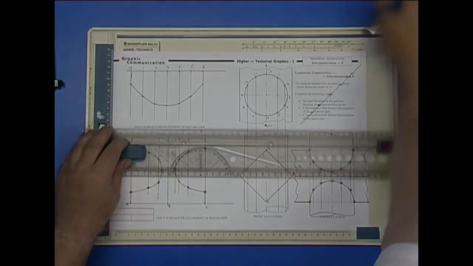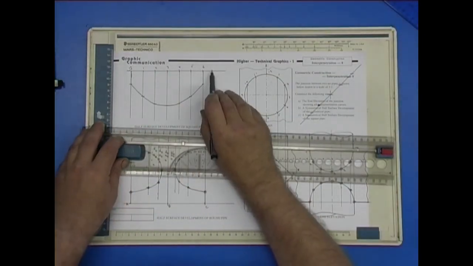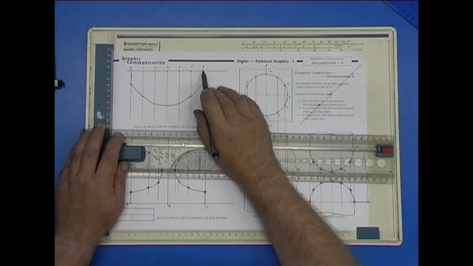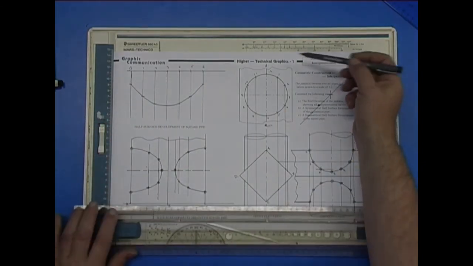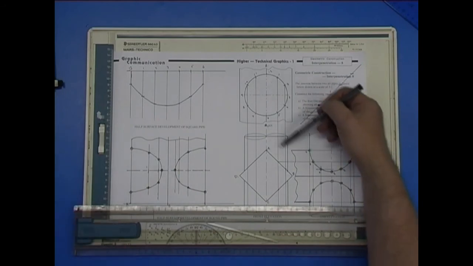And along the bottom. Again, that could be a break line. It doesn't really matter. That's the development of that half of the pipe coming in.